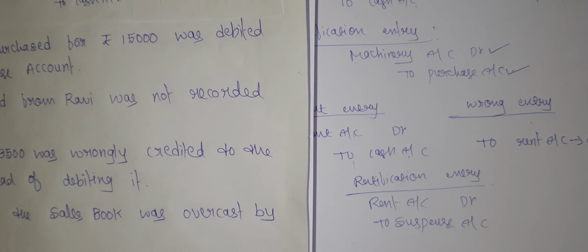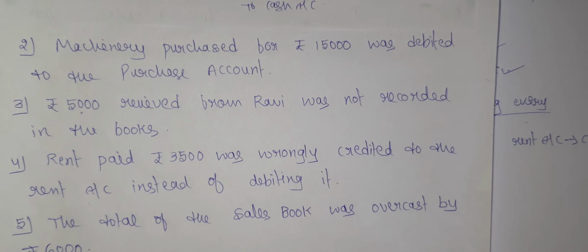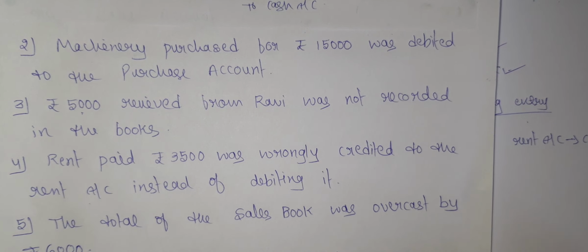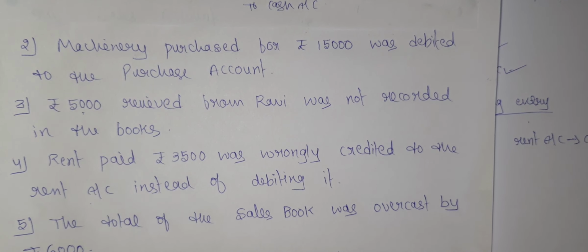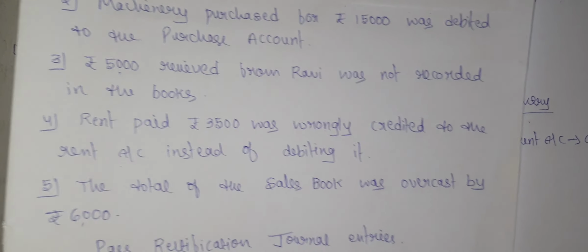So what is the narration? Rent paid wrongly credited to the rent account instead of debiting it, now rectified or now corrected. Okay, so this is the journal rectification entry.